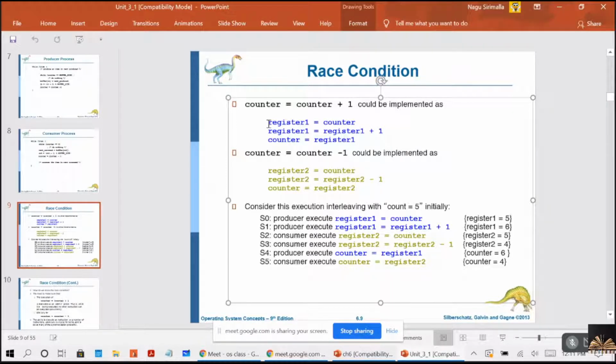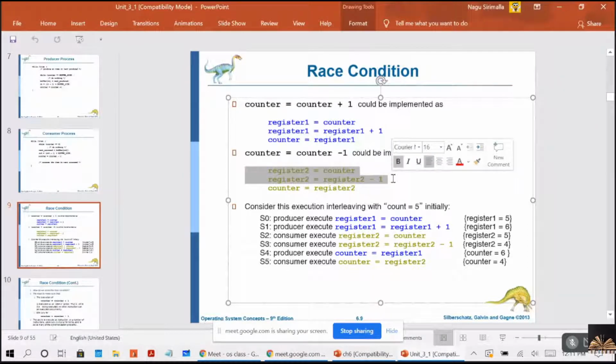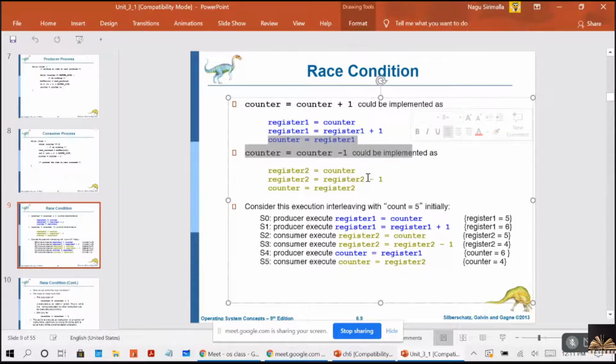The order has to be the first three instructions executed first, and then the next three. But because they are executing concurrently, after two instructions got executed, the consumer started executing its two instructions. Then the third instruction started and the fourth instruction started, right?